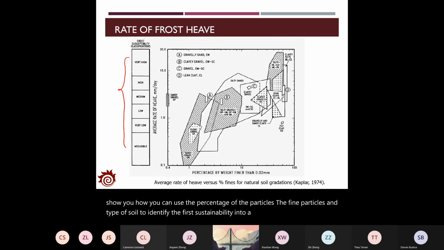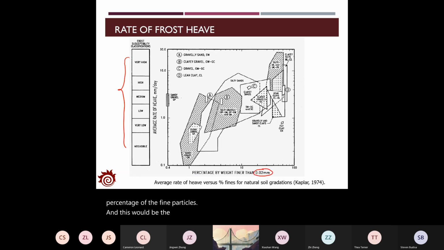And this graph is from a study conducted in 1974, and it utilizes the percentage of fine particles, the size smaller than 0.02 millimeters, and also the average rate of heave. I will show you how to calculate the average rate of heave in the future slides.